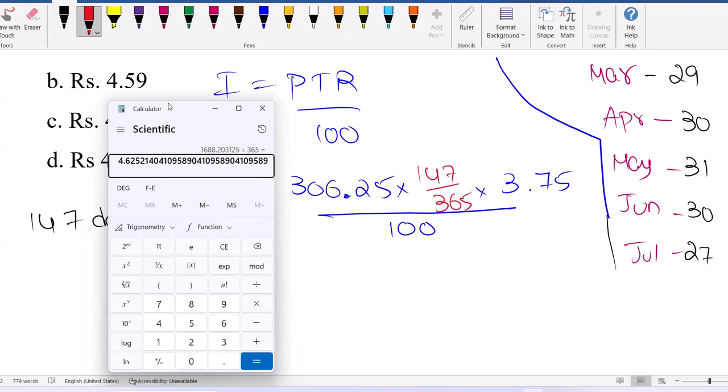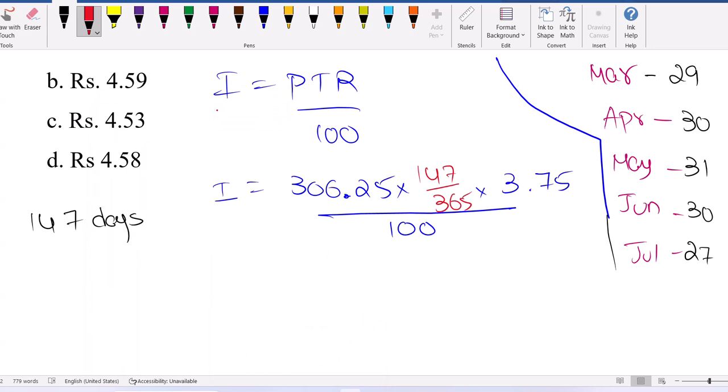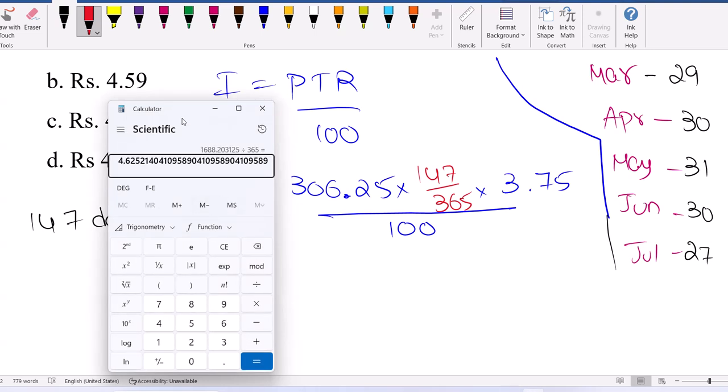We got 4.625. So no option is close to that. Let's try with 366 also. 306.25 multiplied by 147 multiplied by 3.75, divided by 366, will give 4.61 like that. Okay, fine.